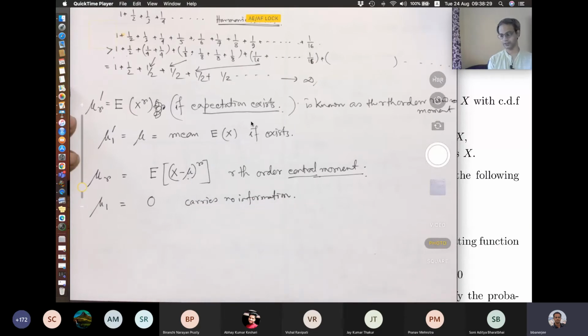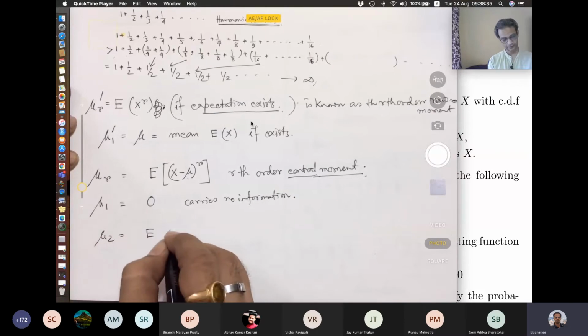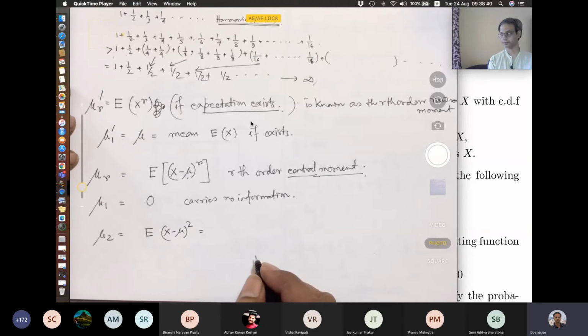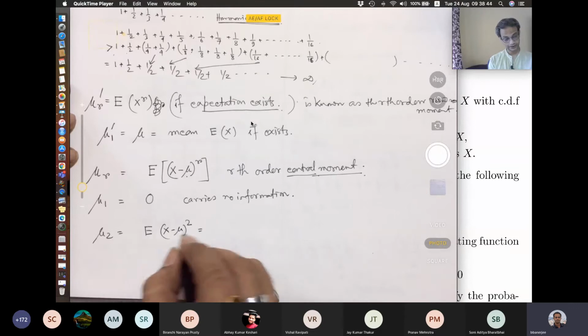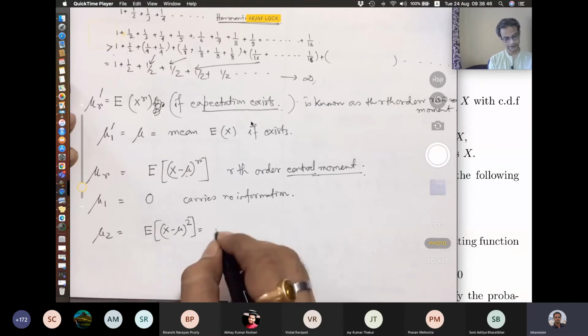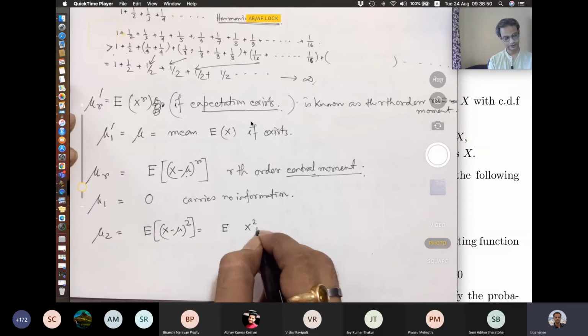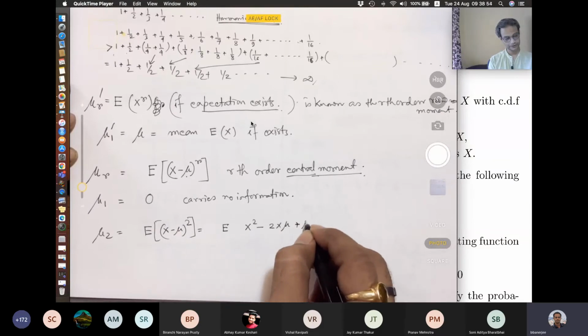Okay, mu1 doesn't carry any information, but mu2 is expectation of x minus mu whole square, which is eventually, if you expand the square and take the expectation, expectation of x square minus 2x mu plus mu square.